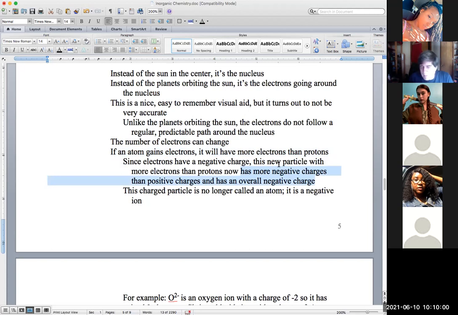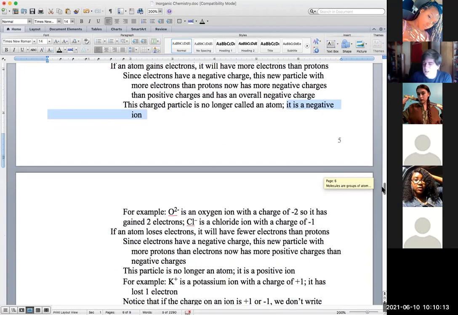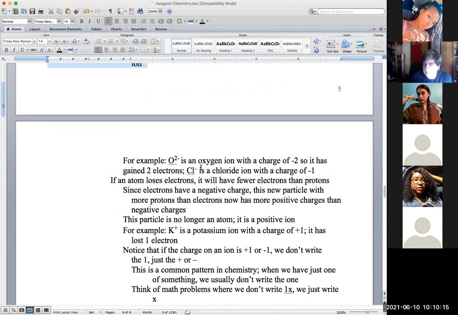So when we have a particle that has a charge on it, whether it's positive or negative, we don't call it an atom anymore. It's an ion. If we have extra electrons, it's a negative ion. So for instance, one of the elements that we'll talk about is oxygen. And when oxygen forms an ion, it usually forms an ion that has a charge of -2.